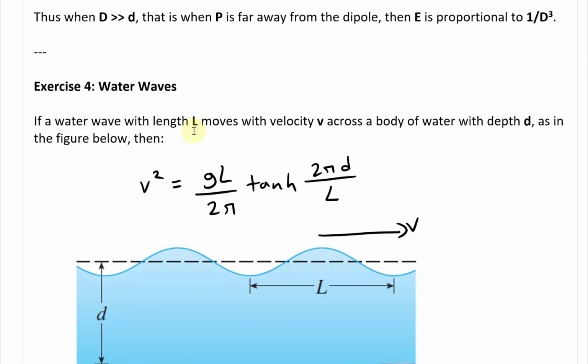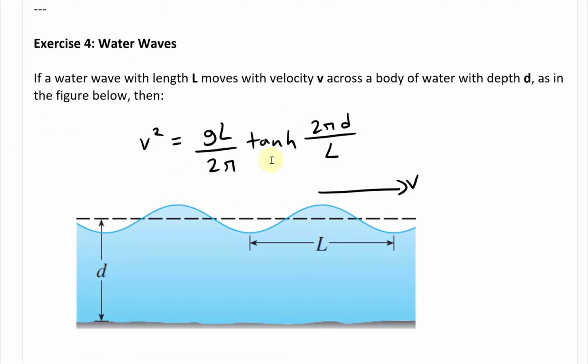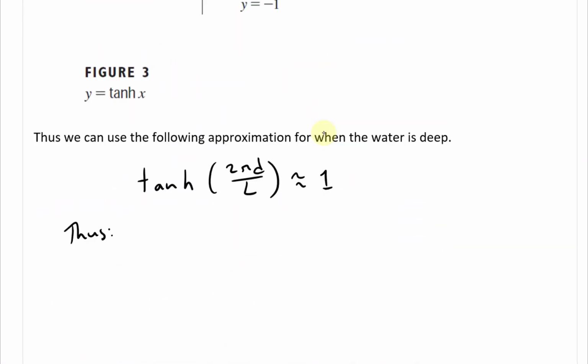V squared equals g L divided by 2 pi times tanh of 2 pi d over L.